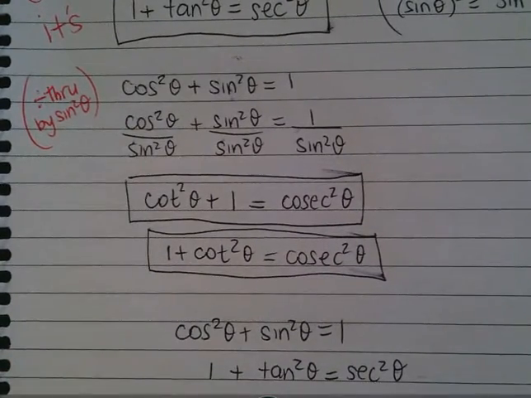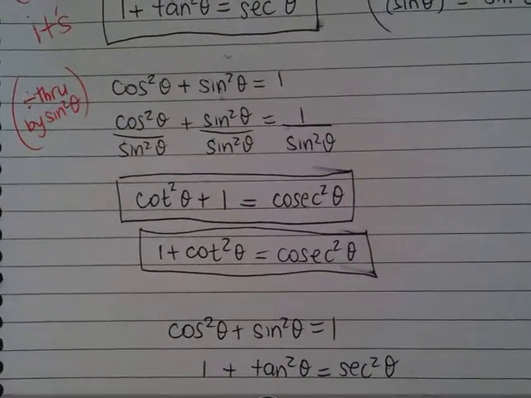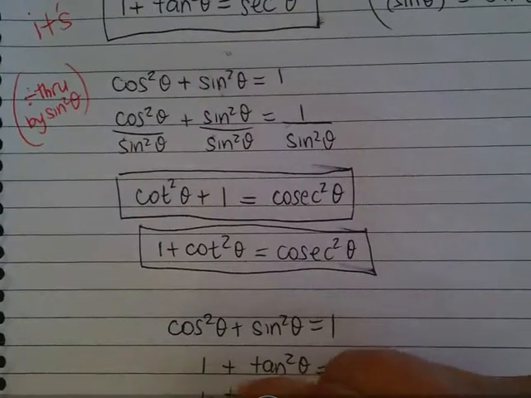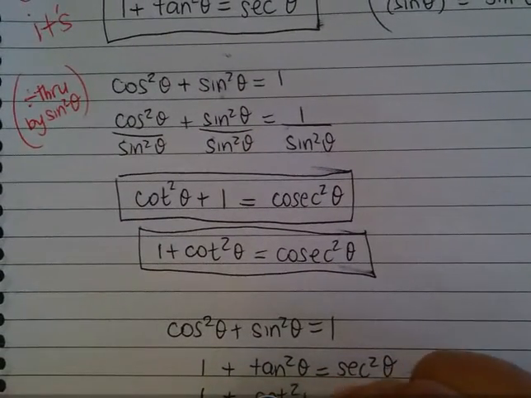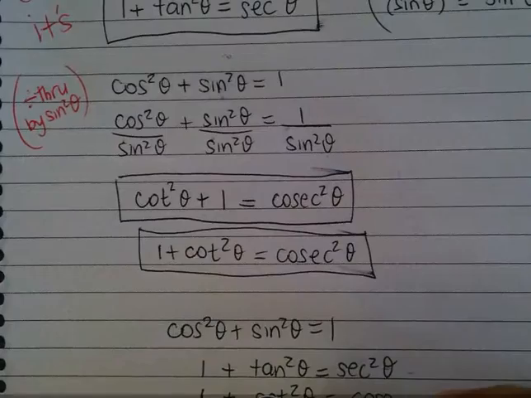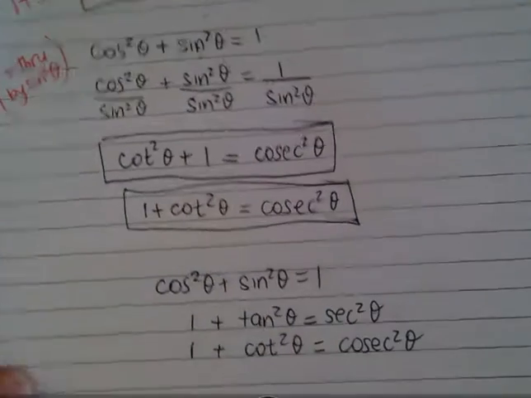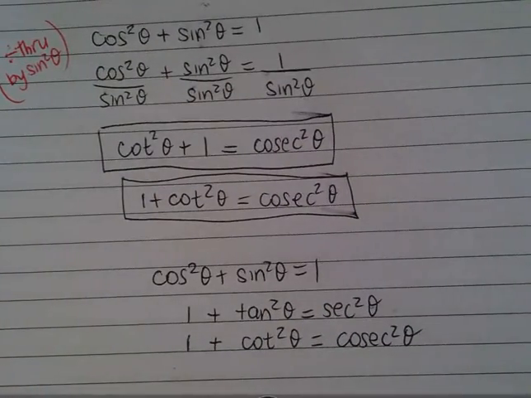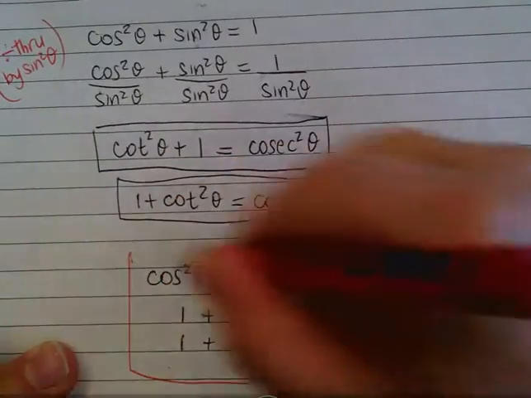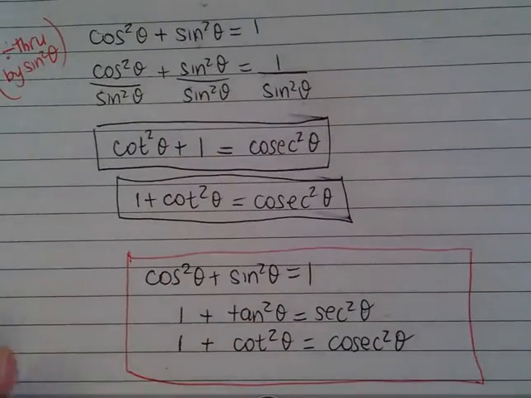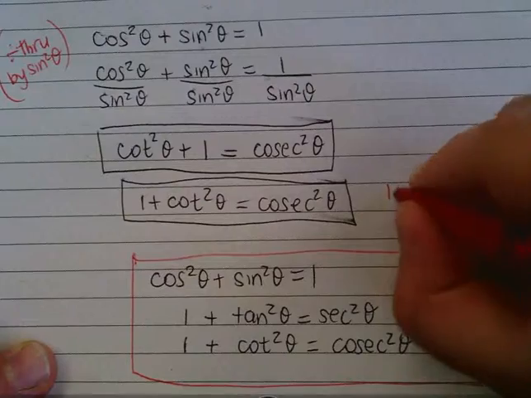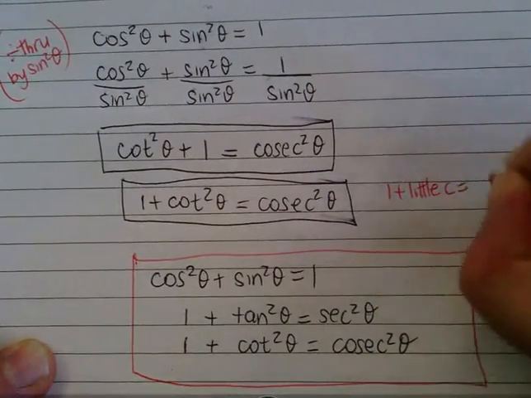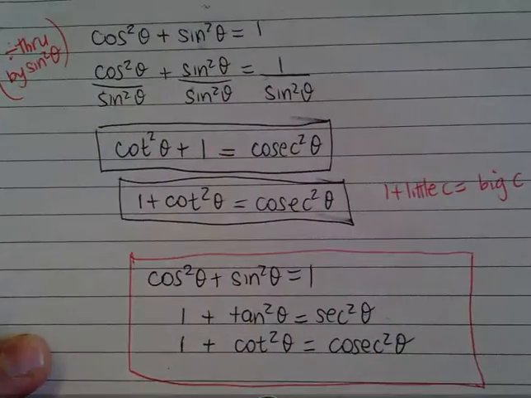Do you understand what I'm saying? All the 6 ratios get covered. And what's the last one? 1 plus little c, the only little one left is cot squared, equals big C, the longer one. And there's your 3 reciprocal ratios. If you want, 1 plus little c equals big C. Big being long.